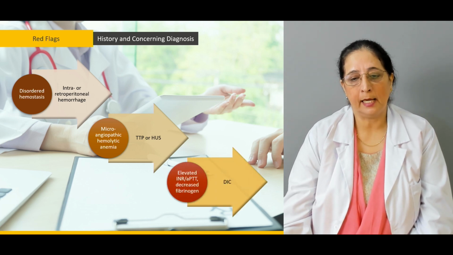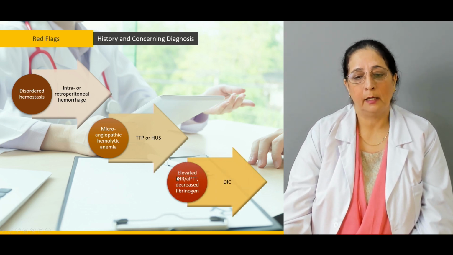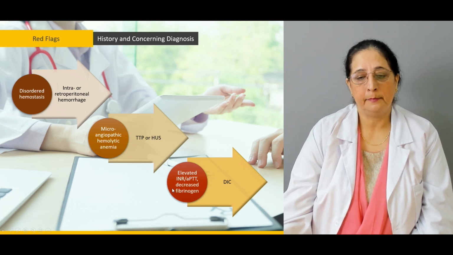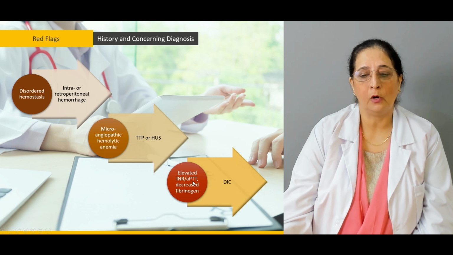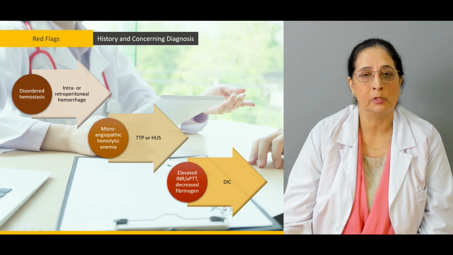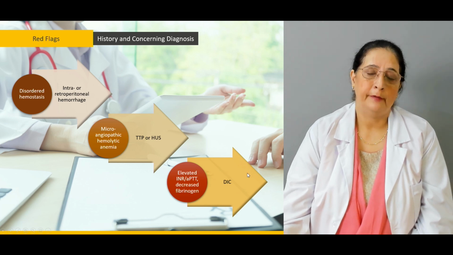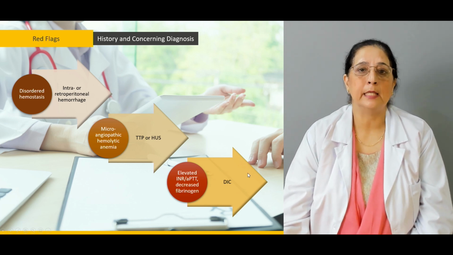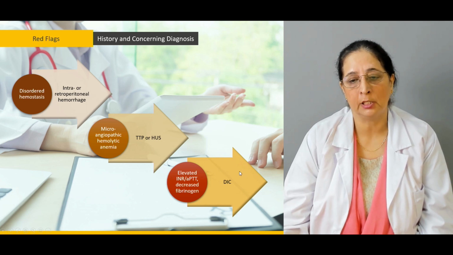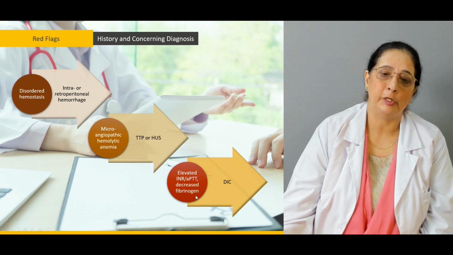Then elevated INR, elevated partial thromboplastin time, decreased fibrinogen, all these are in disseminated intravascular coagulation. If there is DIC, there is elevated INR and decreased fibrinogen level.